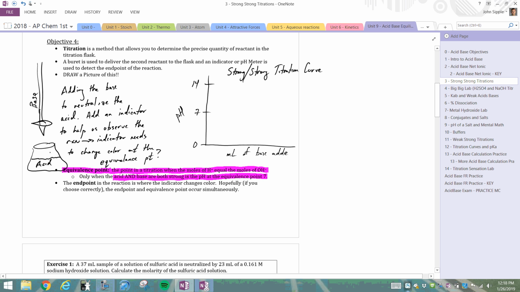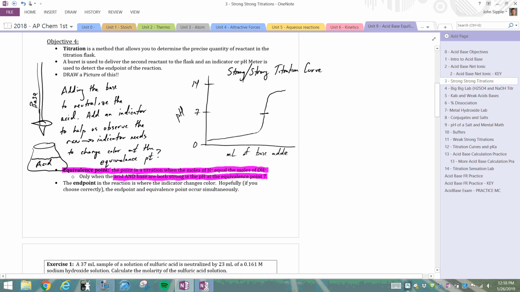If we had a pH meter in the acid, it's going to start out pretty low, probably around 1, and slowly but surely it will come up. And then as we get real close to the point where the amount of H plus in solution equals the amount of OH minus, a very small amount of base will change our pH.